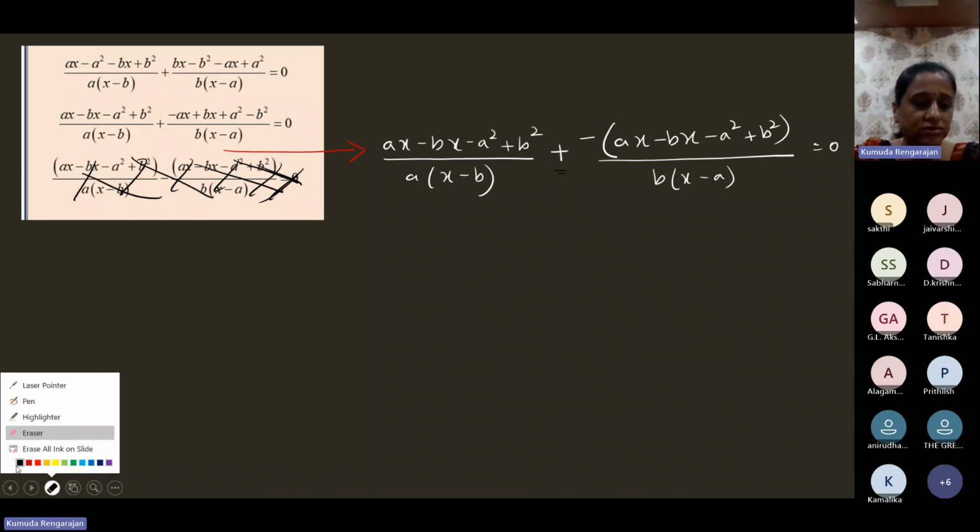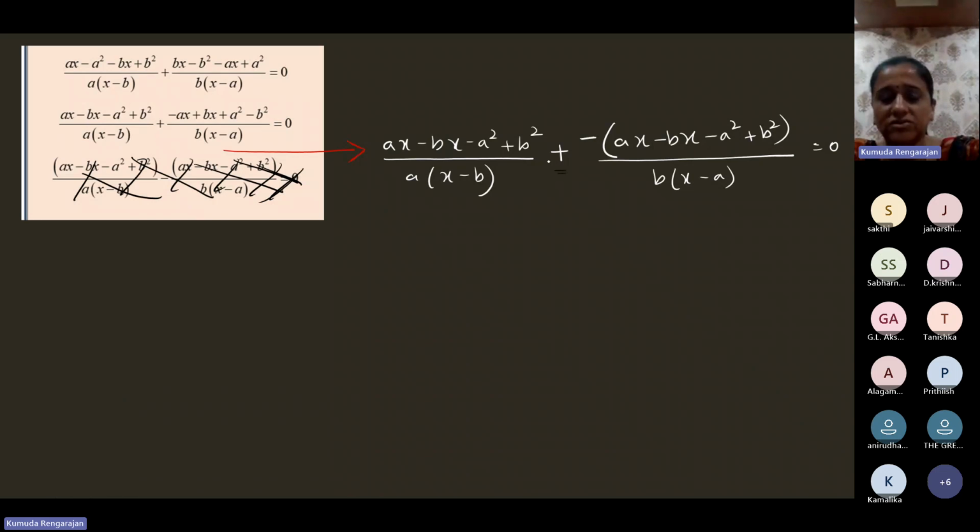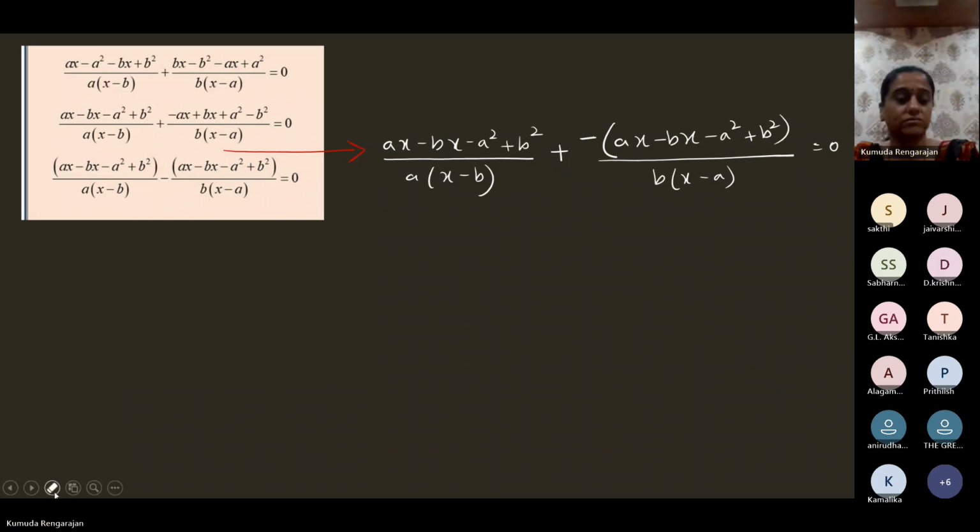Now this minus into plus is minus. And that is the next step you see there. That's why you see the minus sign here. How this plus suddenly became minus?